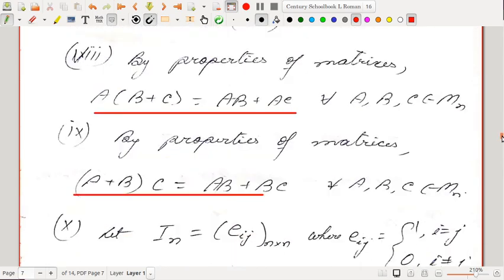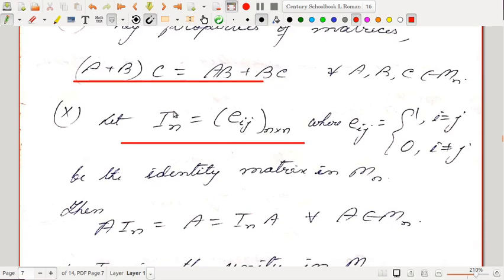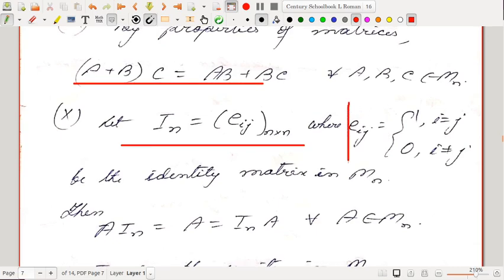One thing is left. Till point number 9 we have shown that the set Mn is a ring. Next I have to show that it's a ring with unity. So what is the unity element? It's the identity matrix here. Let In equal Eij, n by n. What is the definition of the identity matrix?